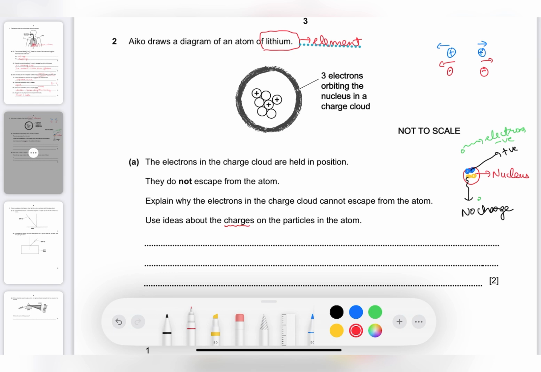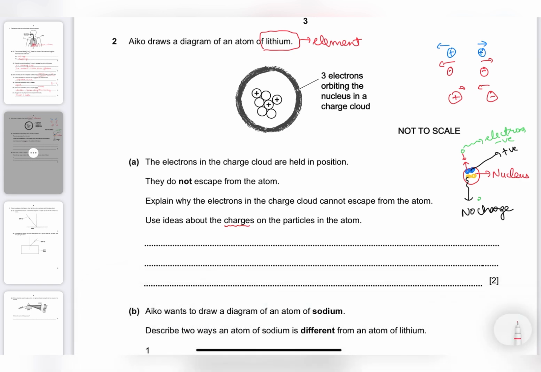But positive and negative attract each other. Unlike charges attract each other. So if this proton is attracting this electron and this electron is also attracting this proton, the force between them, that is electrostatic force of attraction, will hold the electrons, will never let them escape.